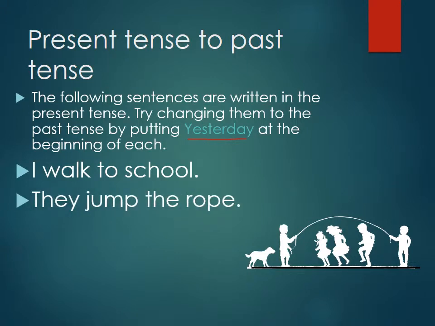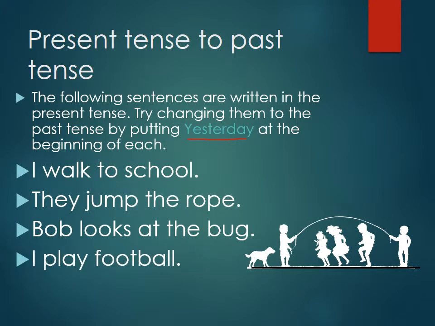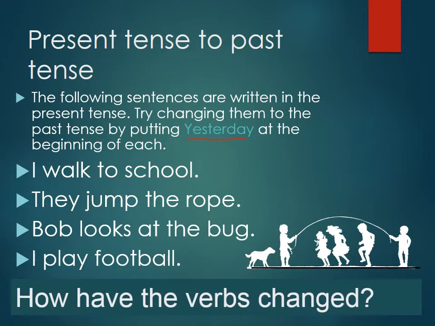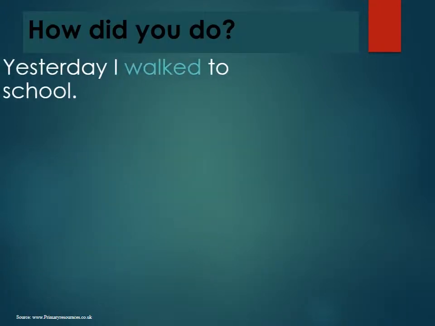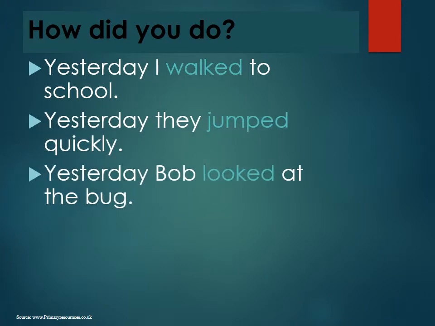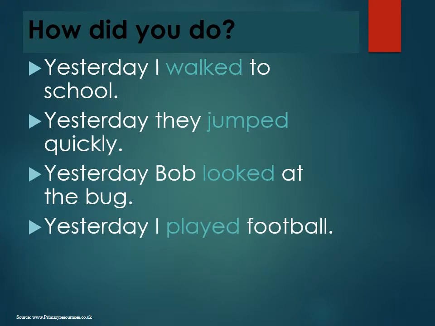Go ahead and try this one, and this one. So think about how the verbs have changed in all of these examples. Which word in each sentence actually does the change? Let's look at it. So hopefully you got all these correct.